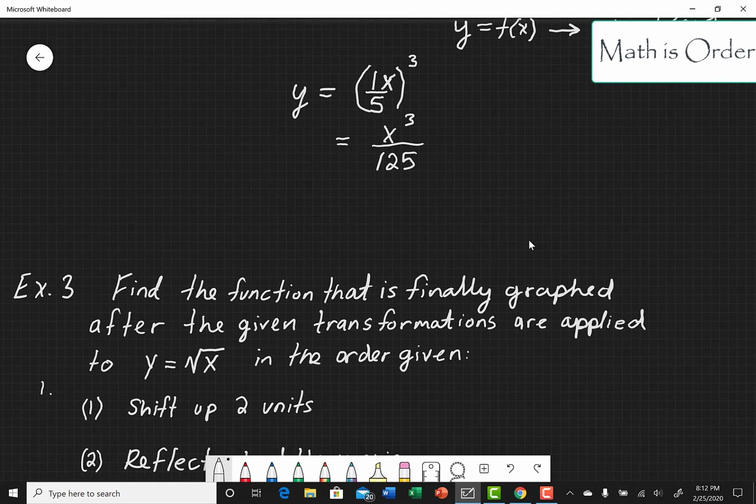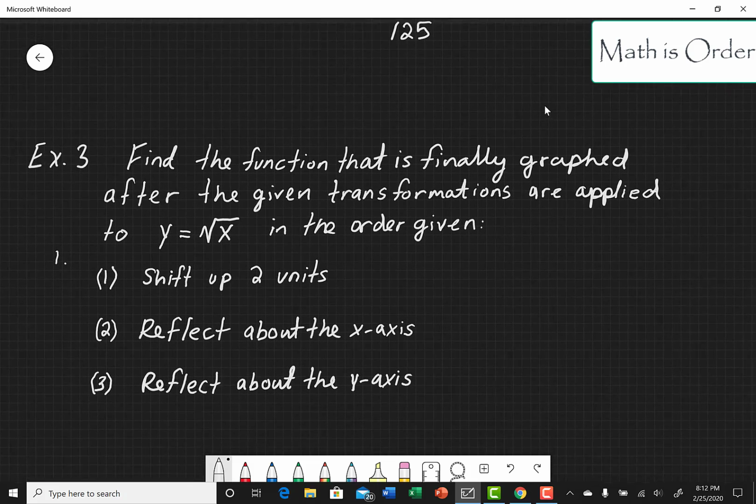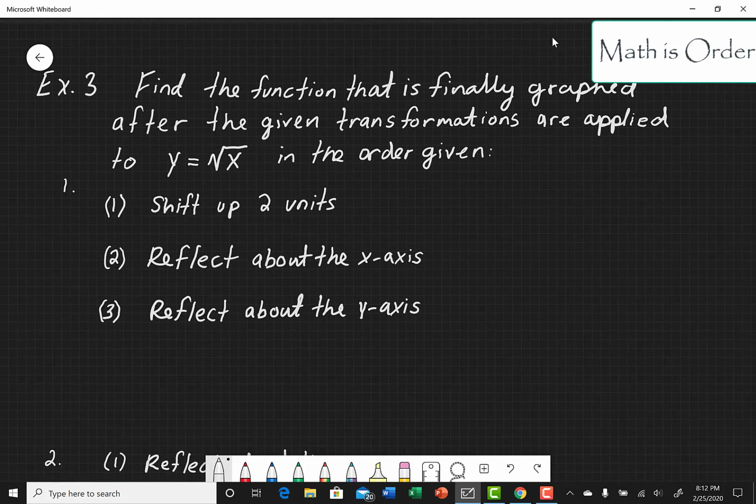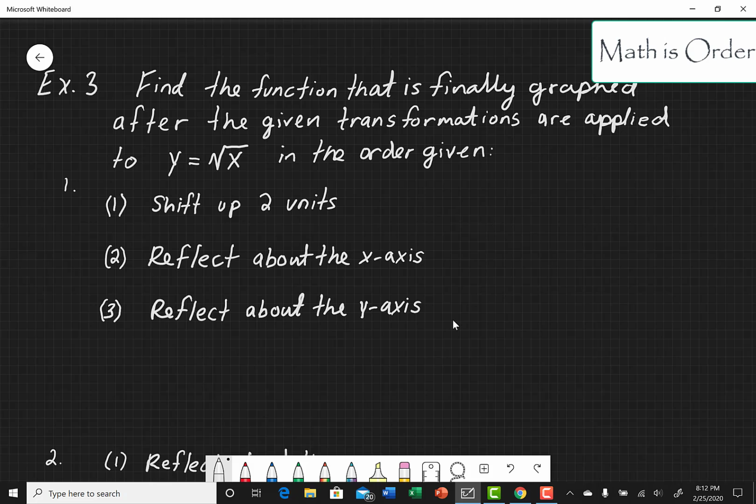Now let's move on to the next type of question that's commonly given related to transforming functions. In this case, we're asked to find the function that is finally graphed after the given transformations are applied to the function y equal square root x, performed in a certain order.